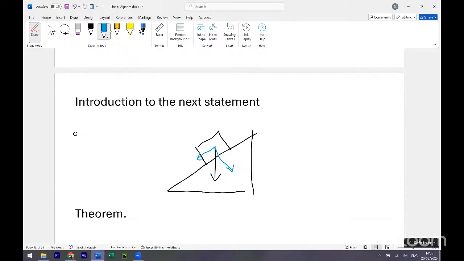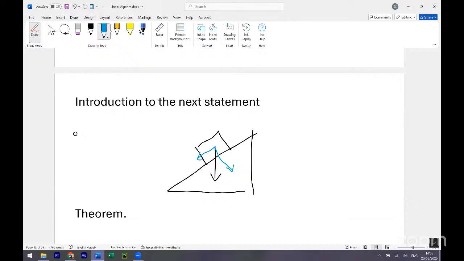But if I want to know how great the force is in that direction, obviously it has to do with the slope, so I need to separate the gravity into two components.